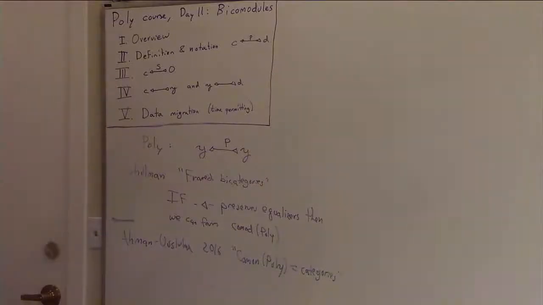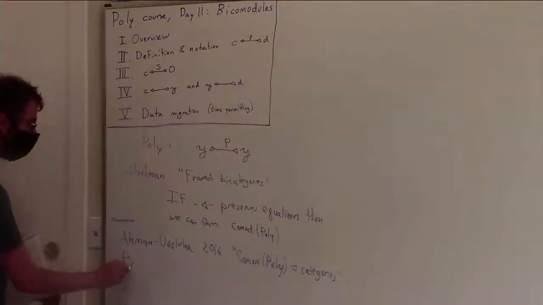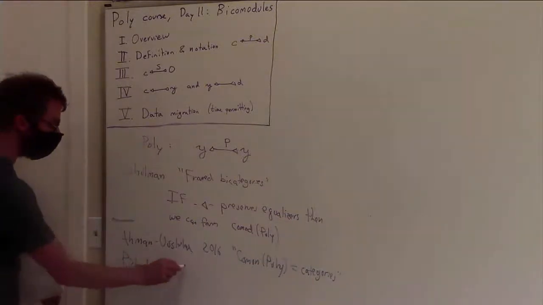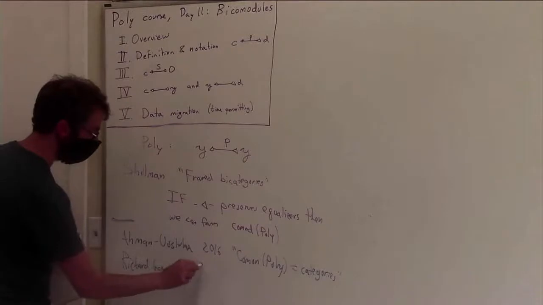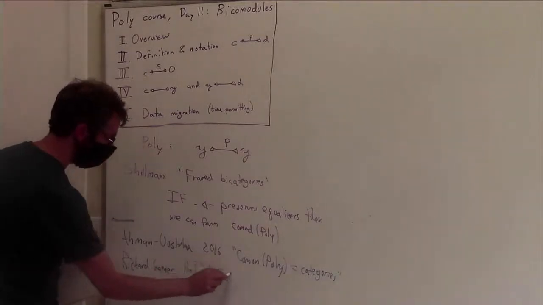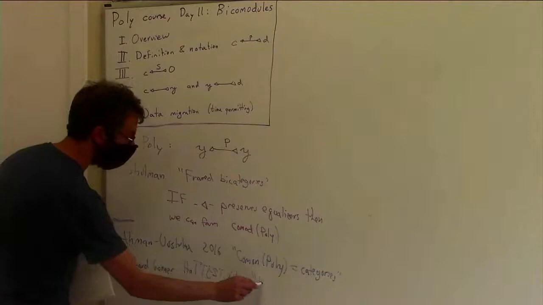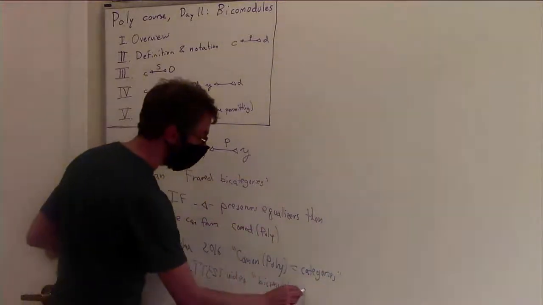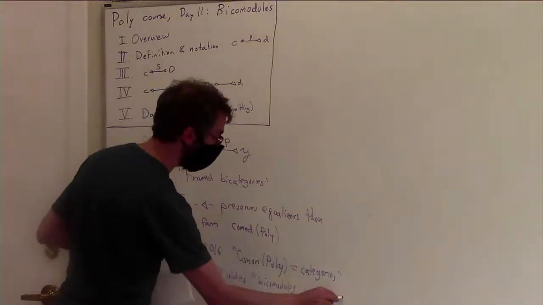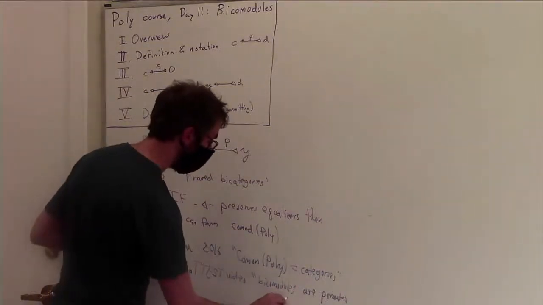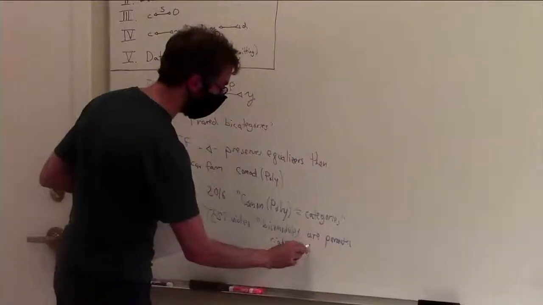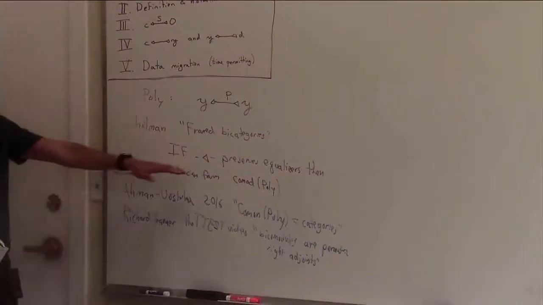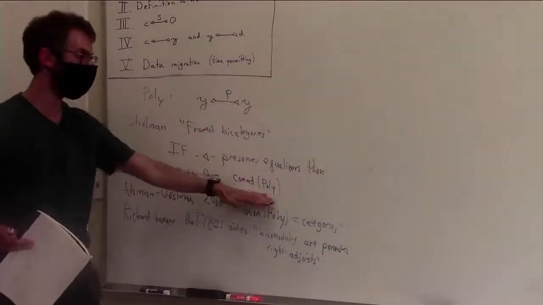And then Richard Garner, in his hottest video, said that bicomodules, and again, this is very abstract, you don't have to know these words, are parametric right adjoints. And the point of today is to start talking about this stuff and bring it down to earth. So these are basically the story that tells us all about the framed bicategory comod poly.